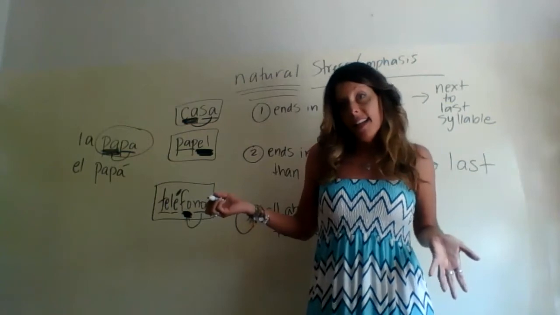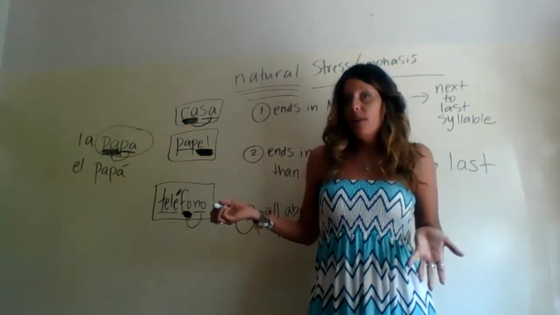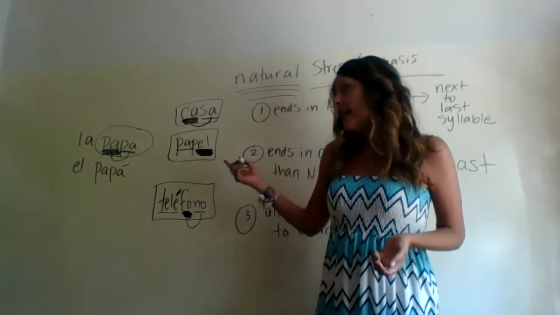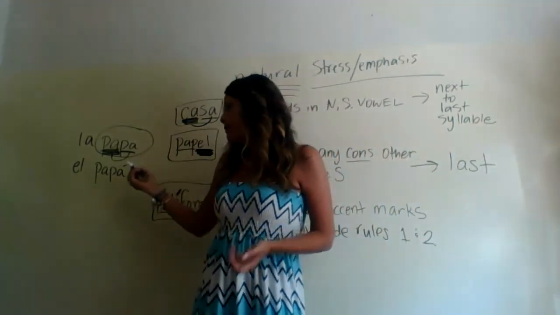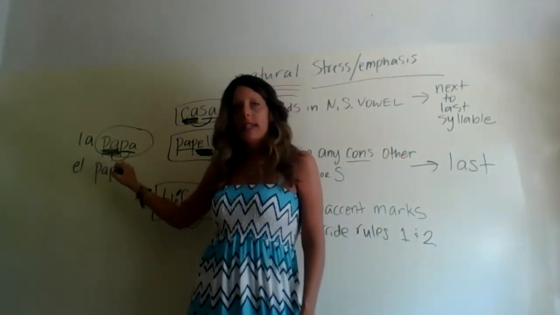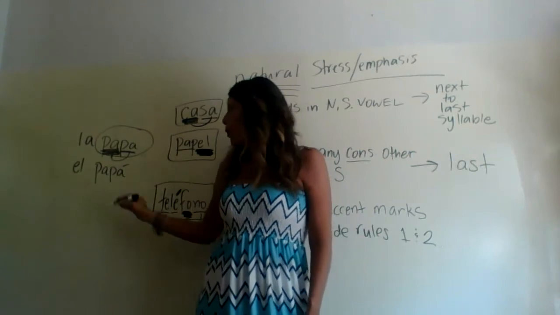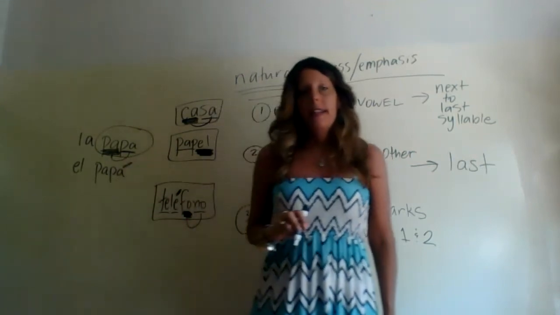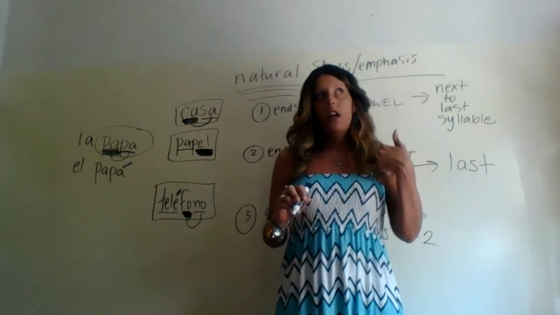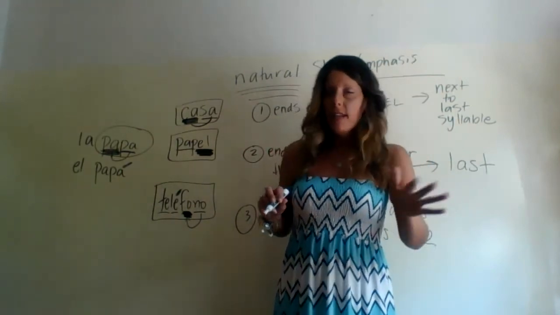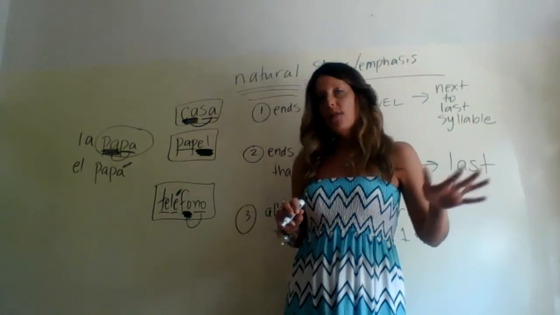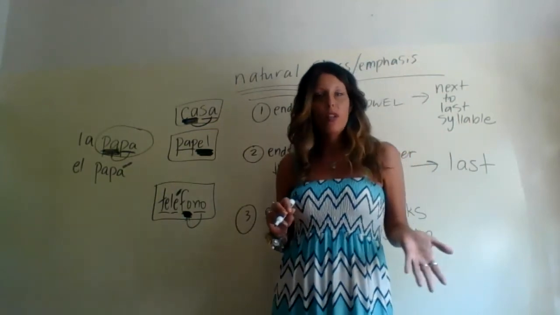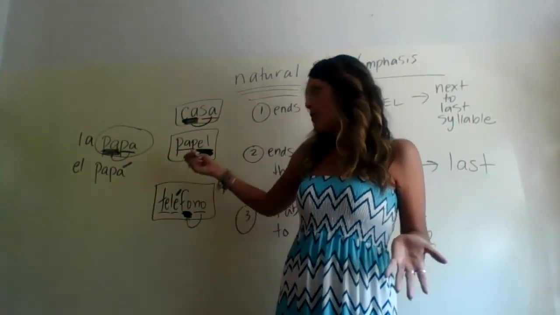But they decided they wanted to say dad or the dad like this, and they said, all right, we're going to leave it spelled with the letters the same way, but we're going to throw in an accent mark right there. And so that will tell everyone who's learning Spanish or everyone who's reading Spanish or even little bitty kids who are fluent Spanish speakers how to pronounce that word.